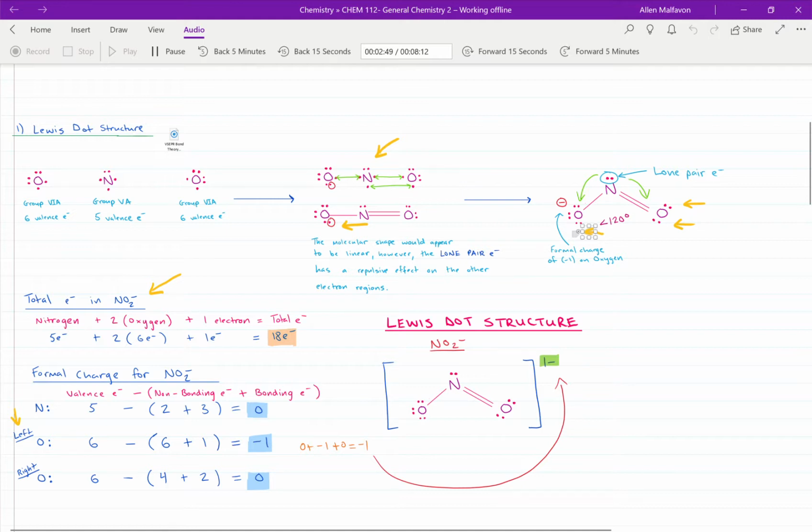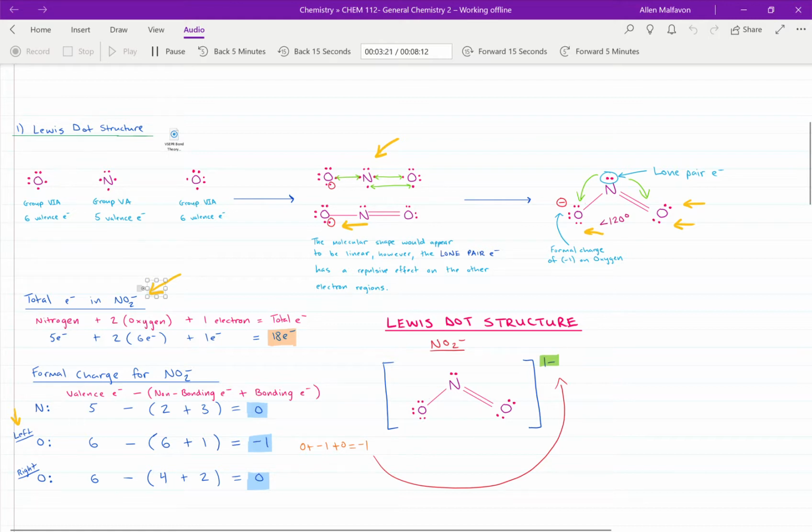Another method that is commonly used is to determine the total electrons available in the nitrite ion. If we move over here to this yellow arrow, we are now at the total electrons in nitrite, and we know that the total electrons is the sum of the valence electrons offered up from each individual atom.